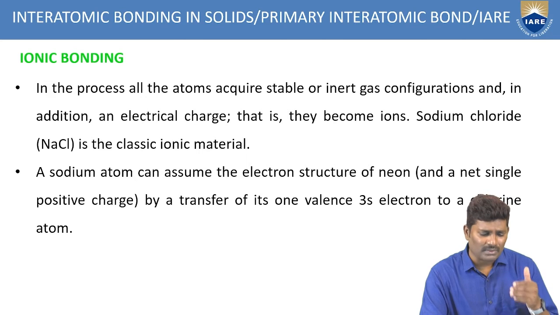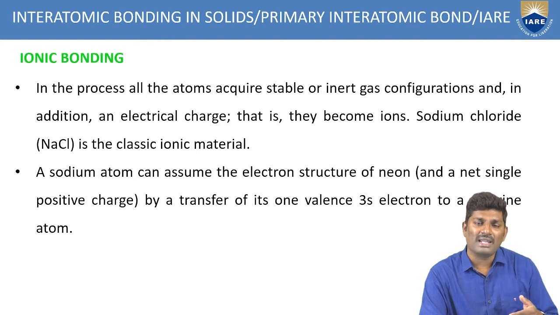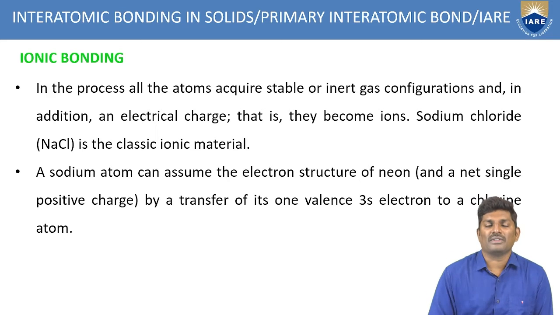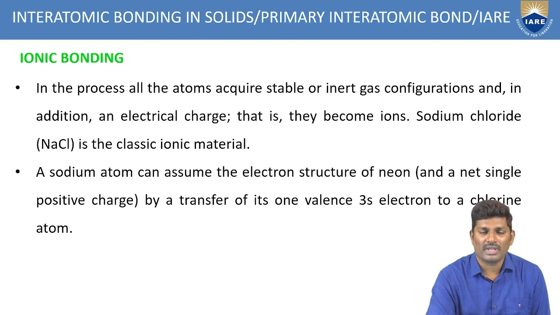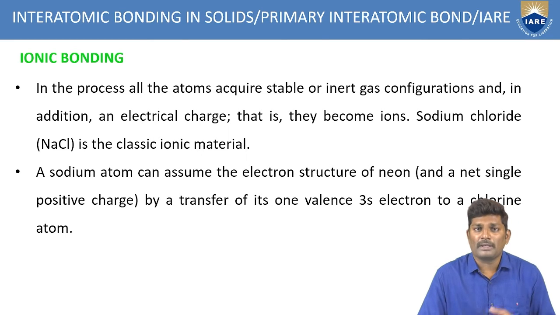Because the metallic element gives valence electrons to the non-metallic element, you get a strong bonding and an additional electric charge on each element. The best example to explain ionic bonding is sodium chloride, the classic example. So what is happening in sodium chloride?